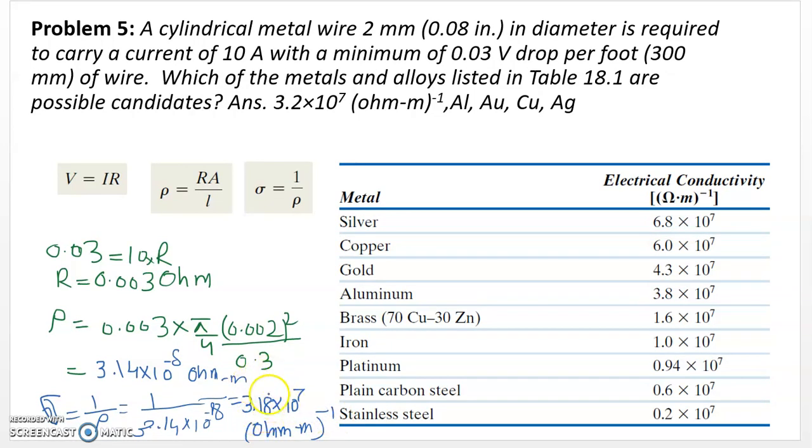So we need to find the metals which have electrical conductivity greater than this value, 3.18 into 10 to the power 7.